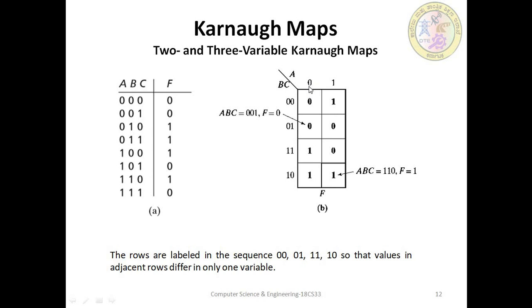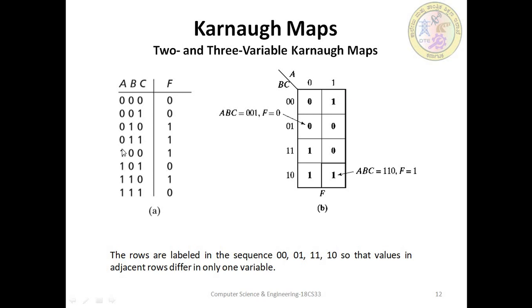Then 0 0 0 0 1 0 1, 2 3 4 5 6 7, 0 0 0 0 1 0 1 0 0 1 1, like this it goes.